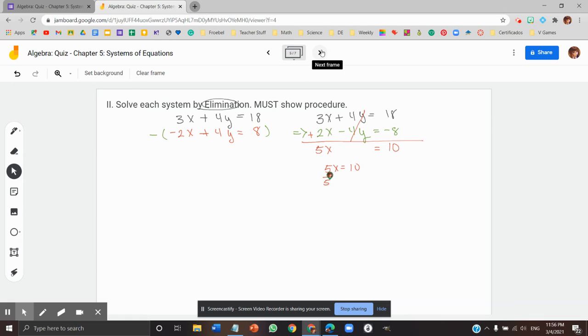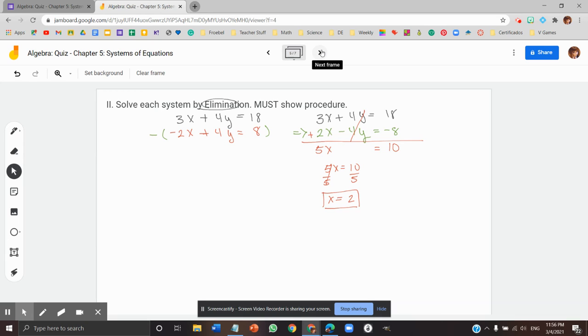I can divide by 5 on both sides to leave that x all by itself. And 10 divided by 5 is 2. So I found what my x is. Now I haven't finished because I don't know what y is.